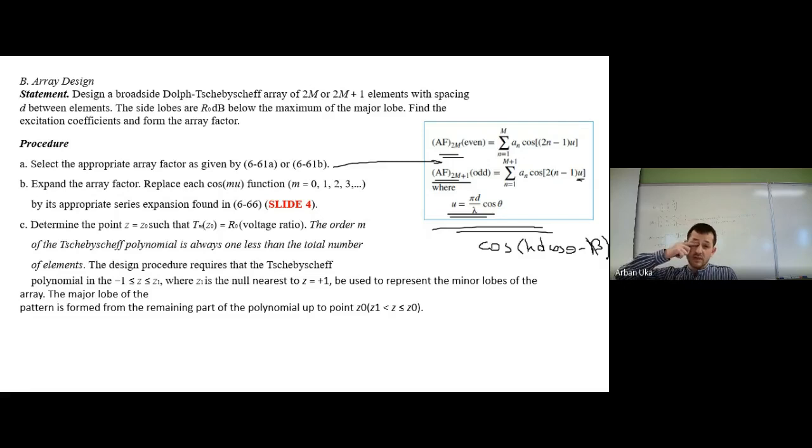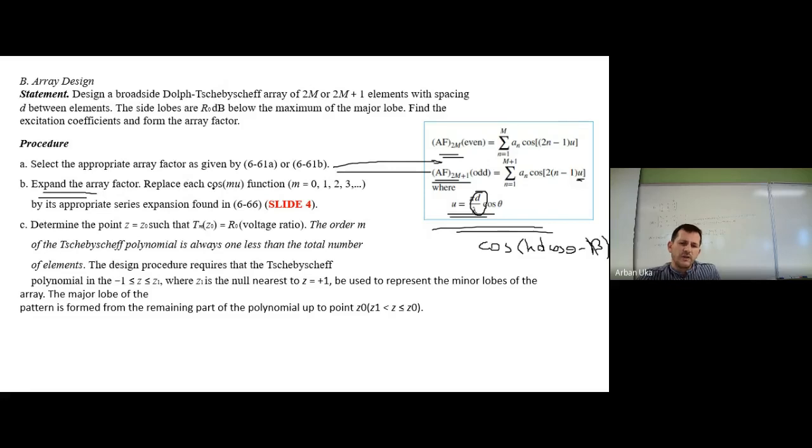So with terms that look like this, but now this u is something like pi d divided by lambda, and this is in fact the kd. This factor is the kd, because lambda is the inverse of k. That's good. So the AF is going to look like this, and then we have to expand the array factor.